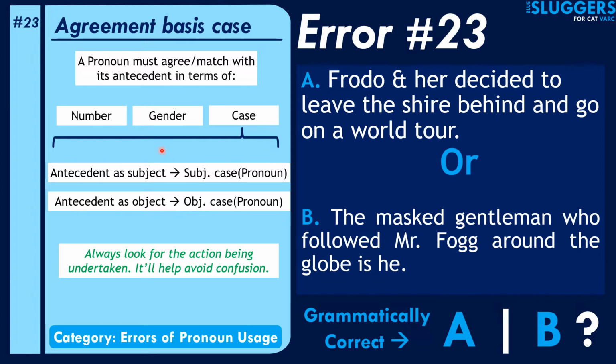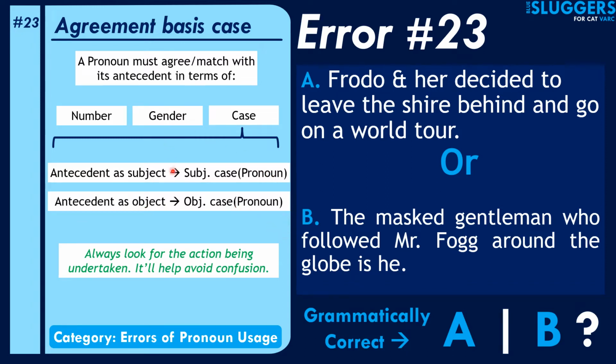So if you want to use a pronoun for Rahul, it has to be the subject case. If you want to use a pronoun for car, it has to be the object case. Well, in case of car, the object and subject case might often be the same, but you have to ensure that it is the object case if it is for the object antecedent, and subject case for the subject antecedent. So antecedent as subject, so subject case of pronoun; antecedent is object, object case of pronoun.